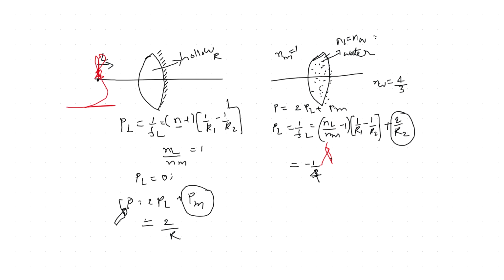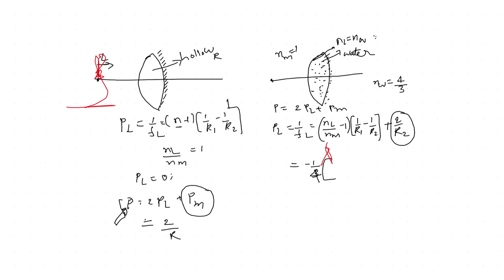So if we see, R1 is positive for this lens and R2 is negative, because here the object is taken on this side, and this side is silvered now. Here we should not take the object on the silvered side. So R1 is positive, R2 is negative.